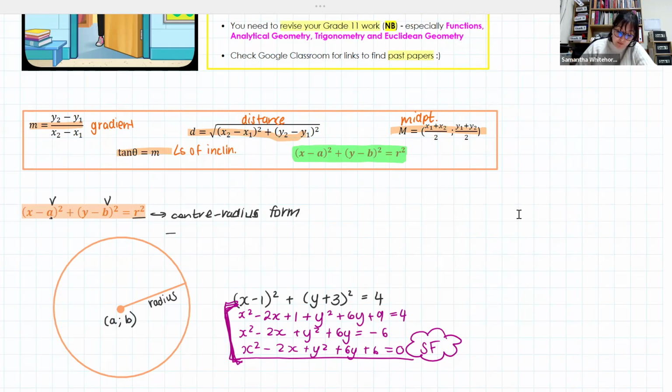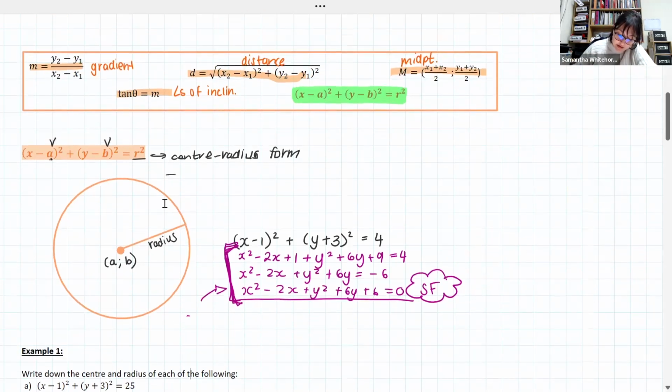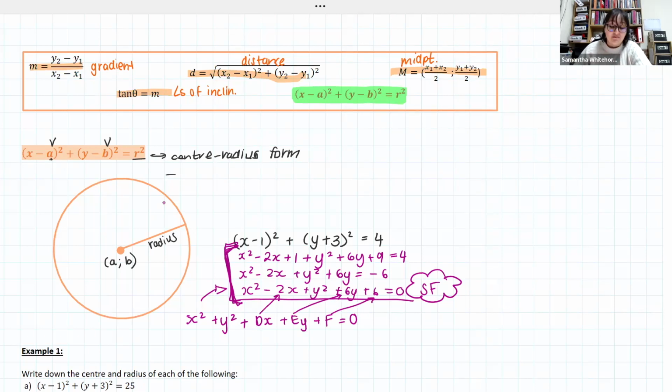So the general form, as I've written it here, can be written as x squared plus y squared plus dx plus ey plus f equals 0. So d is your coefficient of x, e is your coefficient of y, f is your constant. But like I say, they don't actually mean anything. So I never even remember what it is because it's not a useful format for me.